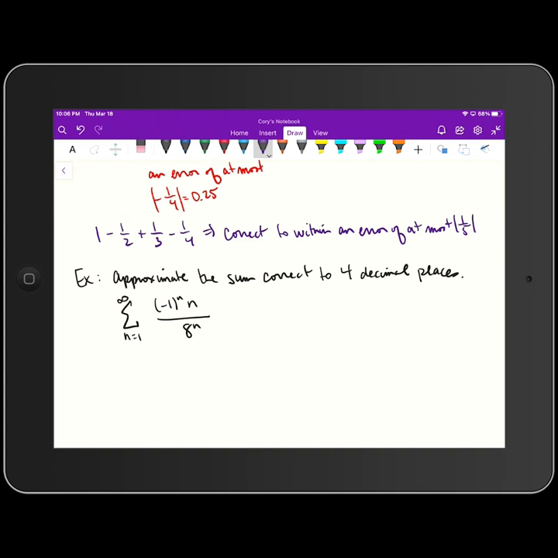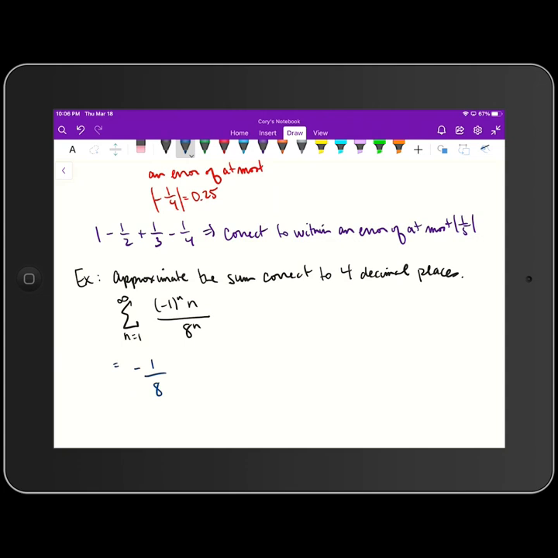Okay, so if we were to list out the first couple of terms of this summation, when I plug 1 in place of n, we get -1 to the first power, which makes that first term negative. The numerator is going to be 1. The denominator is going to be 8 to the first power, which is 8.